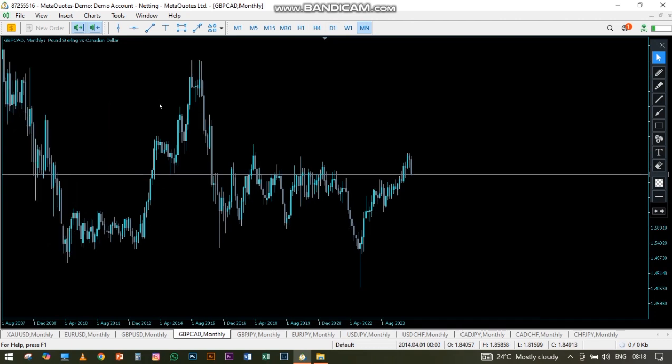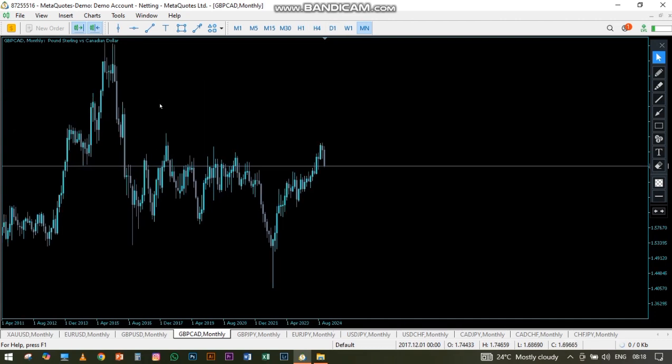And one thing to note is that I'm using the standard chart from MetaQuotes. The reason being is that different brokers tend to alter the price. For instance, you see this candle here, this bearish candle.